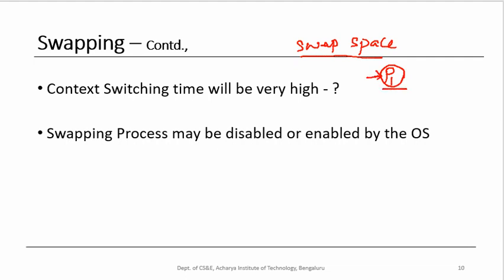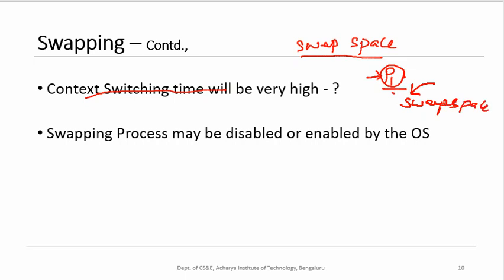Now if the process is not there in the main memory, then the context switching time will increase. If it is present in the main memory, it is quickly loaded to the CPU and its execution starts. Otherwise this process has to be brought into the main memory first from the swap space and then executed.